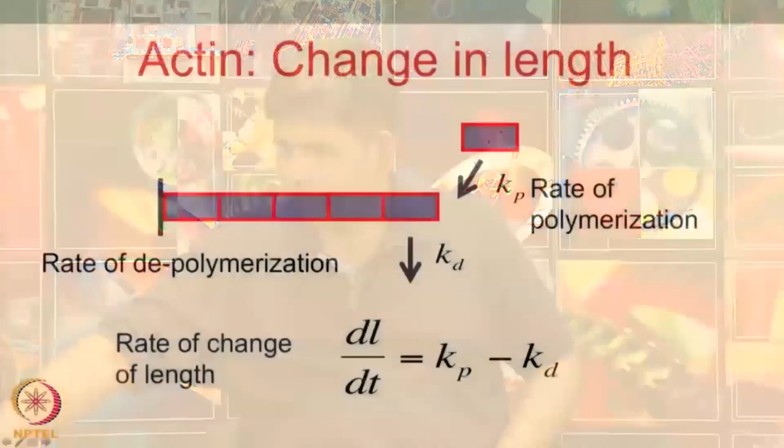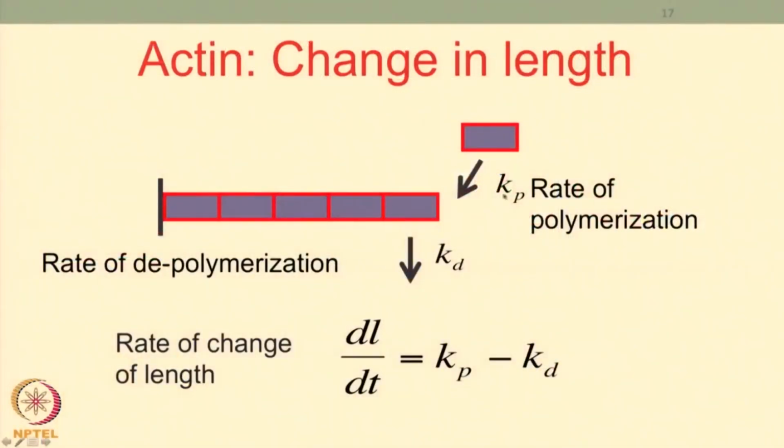If you have actin, we have to compute the change in length as a result of polymerization and depolymerization, and this is the equation that one can write. dL by dt: if the polymerization rate is high, the change in length will be positive, the length will increase, and the change in length will be negative, that is the length will decrease, if Kd, which is the depolymerization rate, is very high.